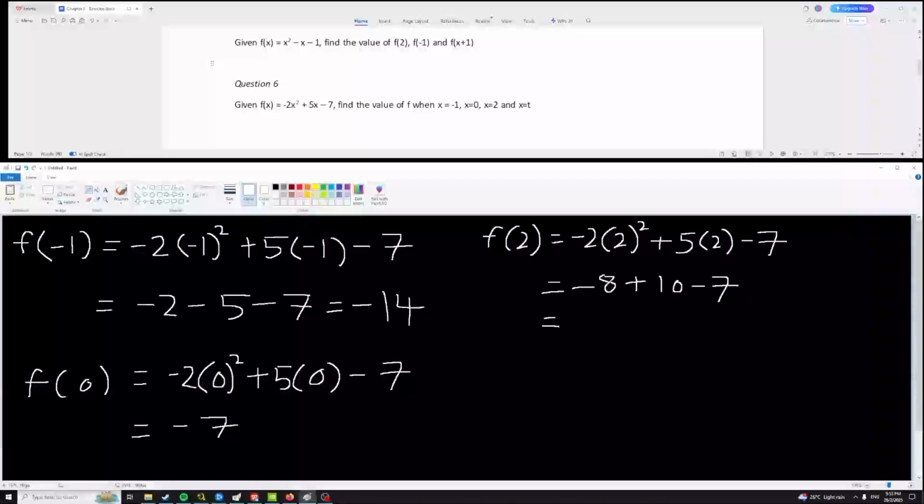Then basically negative 15, and then plus 10 becomes negative 5. Okay, next one, if f is t, just replace the x with the t. So that's very straightforward. Okay, so we have done question number 6.